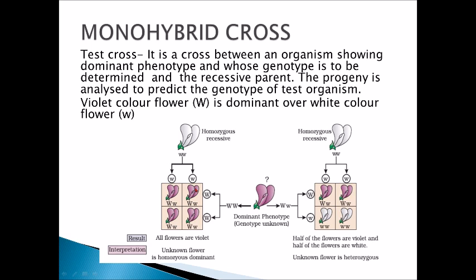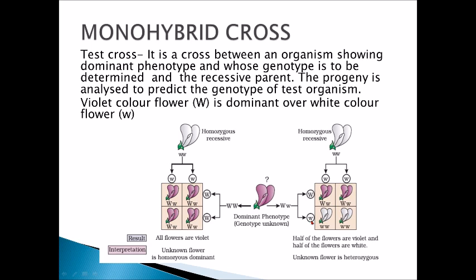Let us see the other case. This violet colored flower, suppose it is heterozygous, then the case will be, it will produce 2 different types of gametes. One will be of capital W type and the other will be of small w type.